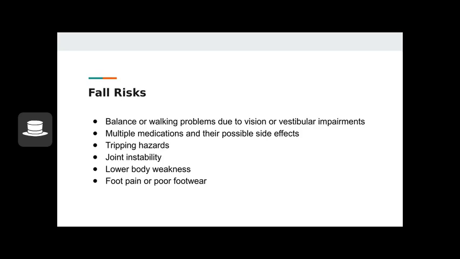Or we can have foot pain or poor footwear. If we have foot pain, then we may be more likely to change our gait or our walking pattern, which could lead to an increased likelihood of falling. Or if we have poor footwear, like flip flops or sandals, in an environment that requires something more versatile or more mobile, then we may be more likely to fall.